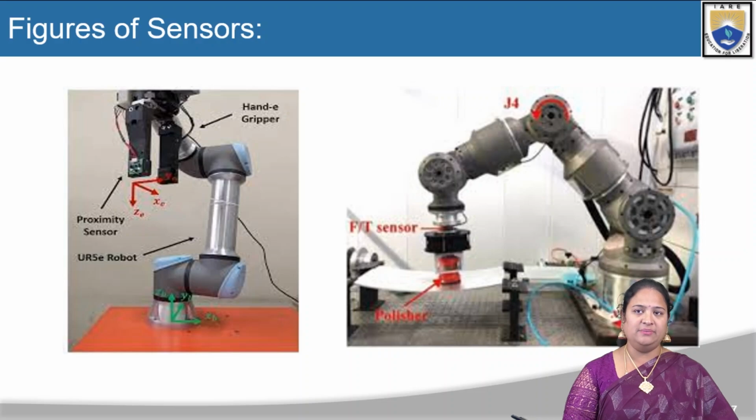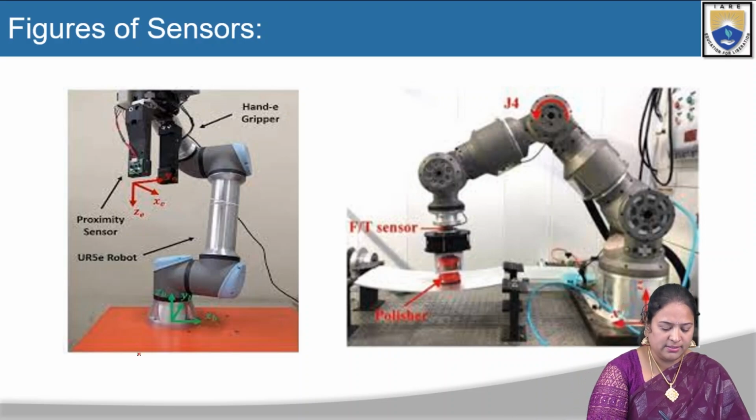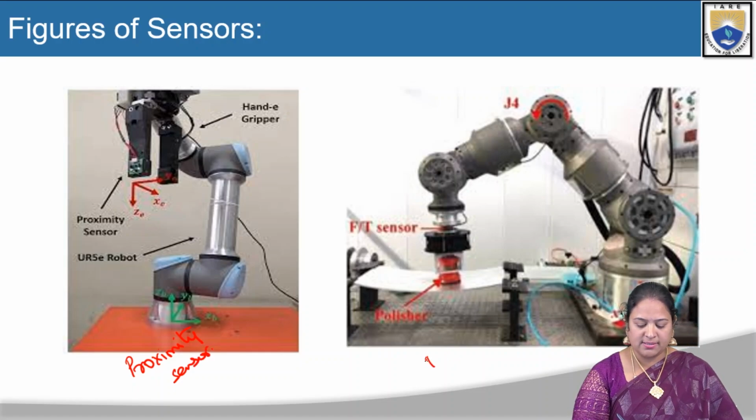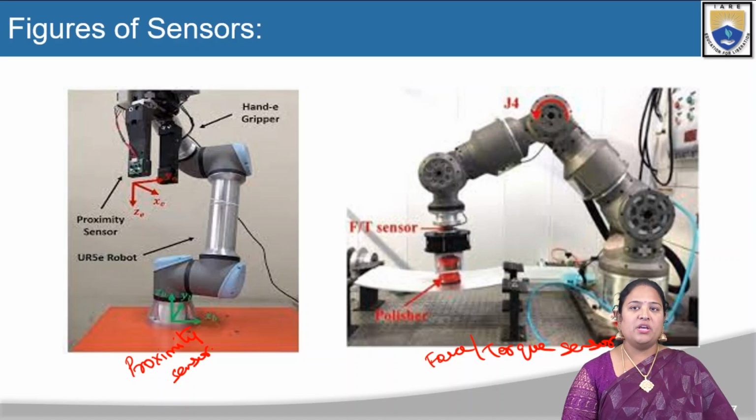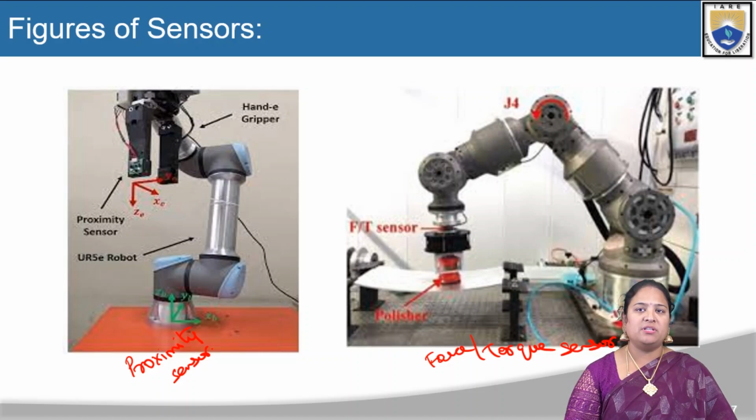For example, this is the figure of a proximity sensor. This is the proximity sensor and this is the force or torque sensor. So what is happening in the proximity sensor?